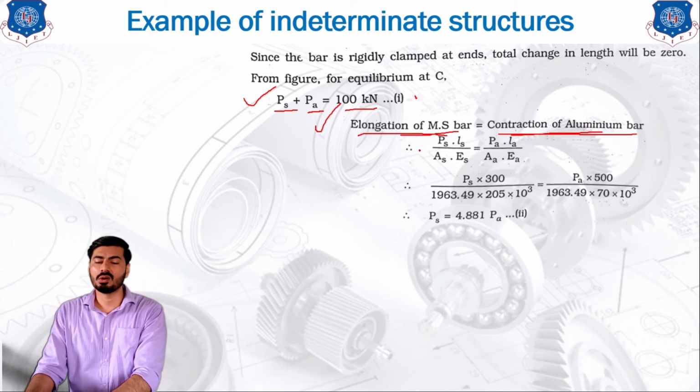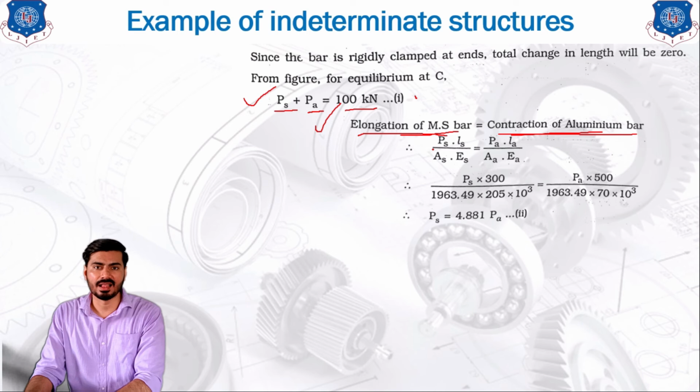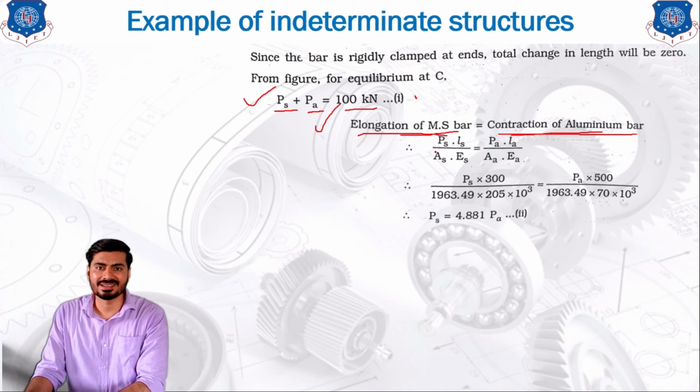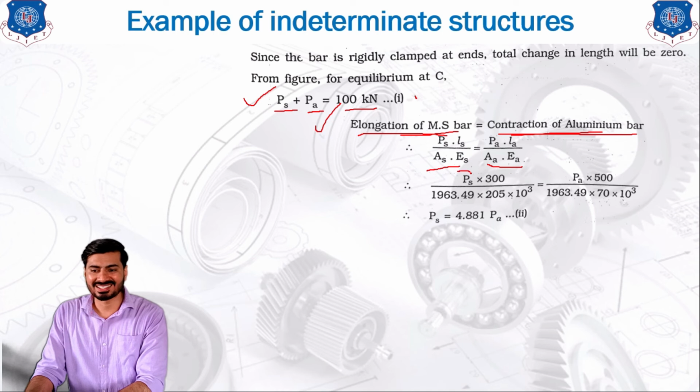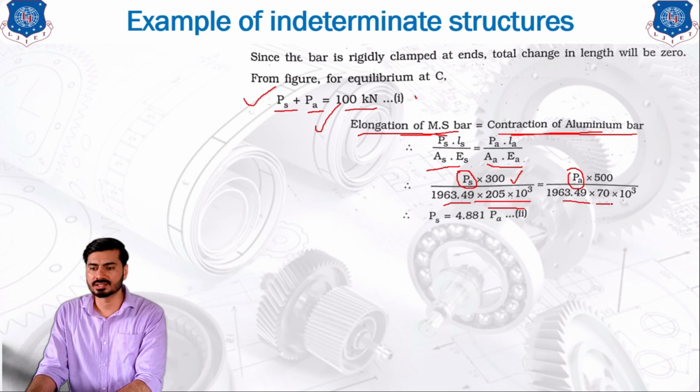So what is elongation? It is nothing but delta L. And what is the formula to calculate delta L? PL upon AE. We know that formula, apply it for the steel and aluminum, and put all the values except PS and PA. Everything is given. For example, L is given, the area we have calculated, and we know the value of Young's modulus, which is inserted into this equation.